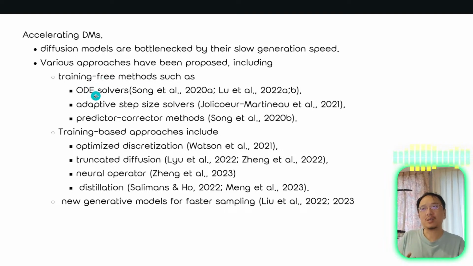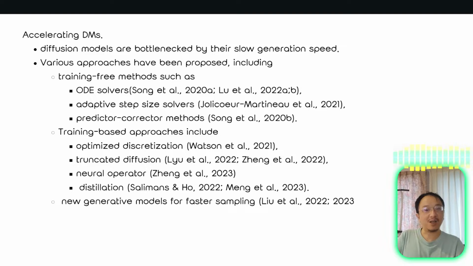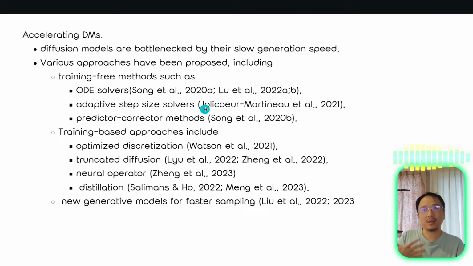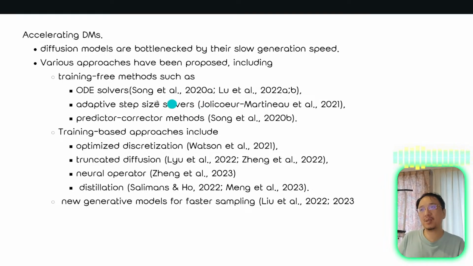So one way is using ODE solvers to solve, like we say, the neural ODE. So maybe using ODE can achieve faster sampling. And using different adaptive step size solvers, like a different scheduler, and also the predictor-corrector method is a very popular way to do that.